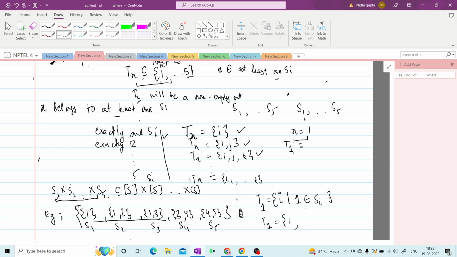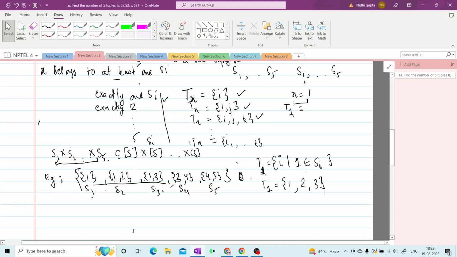You have to take note of all those indices where 1 is going to. 1 is in S1, 1 is in S2, and 1 is in S3, right? So T1 should be 1, 2, and 3.